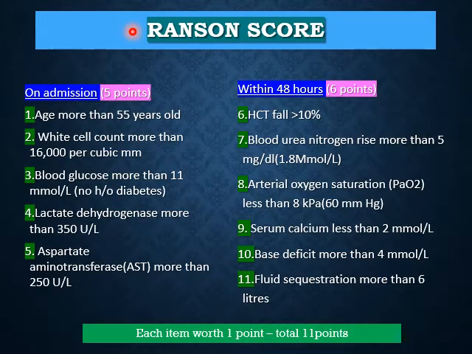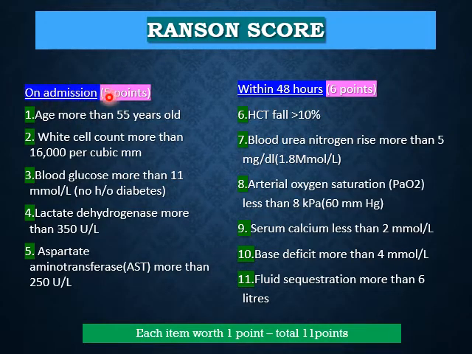An important method in the treatment of pancreatitis is to assess the severity of acute pancreatitis. This can be done using a number of methods, among which the most established and the oldest is called the Ranson score. There are 11 parameters that are looked at.